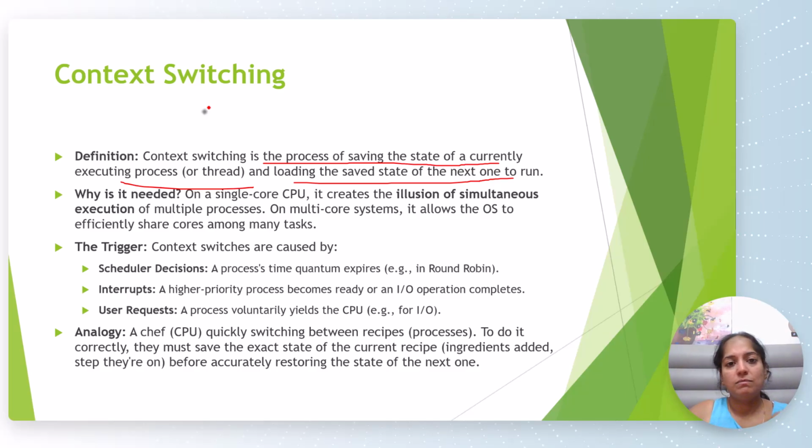Like your printer is printing the output on paper attached to your computer, on one side you are typing something in your Word document, and simultaneously you are listening to songs on a media player. So multiple applications are running in parallel. How does it happen while we have a single processor?